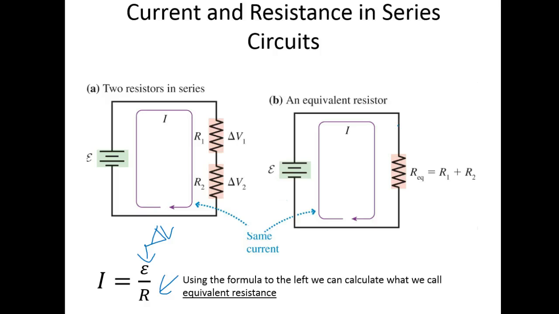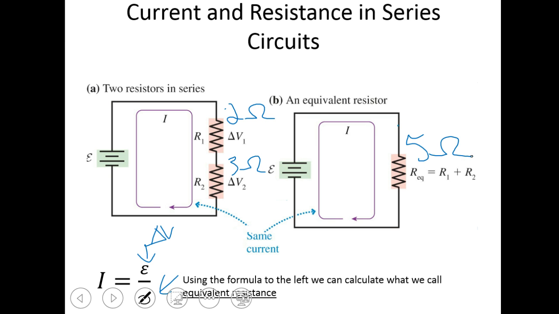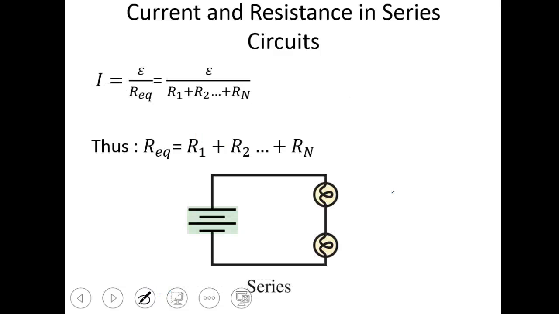For instance, if I have a 2 ohm resistor and a 3 ohm resistor, then that's like having one 5 ohm resistor, and I can use Ohm's law down here accordingly. For the purpose of your notes, when I am taking resistors in series, all I need to do is add their resistance to get the total resistance for that circuit.